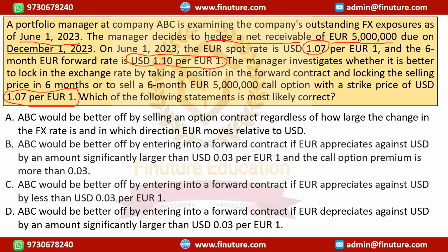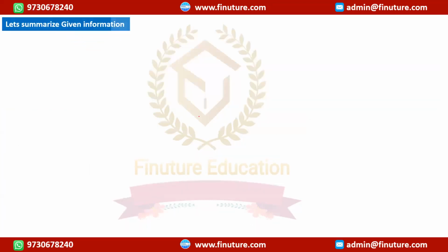Now we have been given a few statements and we have to evaluate which of these is correct. Before we do that, let's explore what happens if the portfolio manager goes for a forward, and what happens when the portfolio manager goes the option way. Let's just summarize the information.